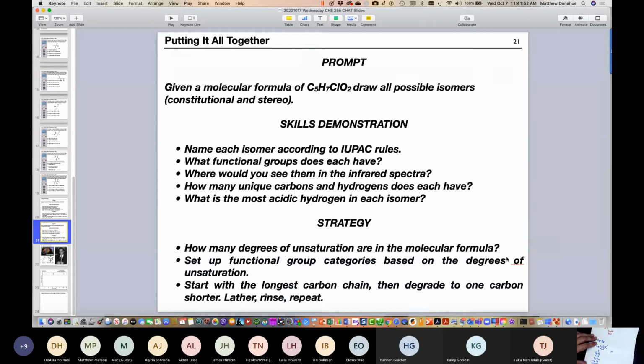Of 2 degrees of unsaturation, what are the possibilities for what those things could be? What are the scenarios? So let me take Taka's response. 2 pi bonds. So that's one scenario. What's another scenario?